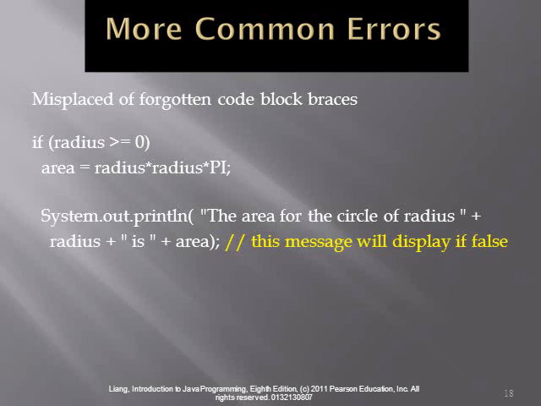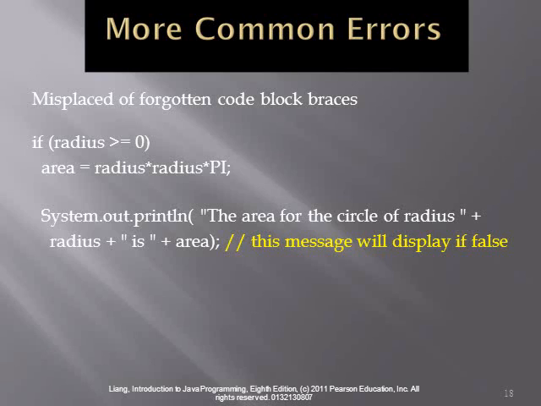Another common error is to forget the code block braces altogether, or misplace them. Don't put them in the right place. In this case, if we study the code, if the radius is true, everything seems to work okay. I'll get an area calculated, and I'll get a message as to what my area is.